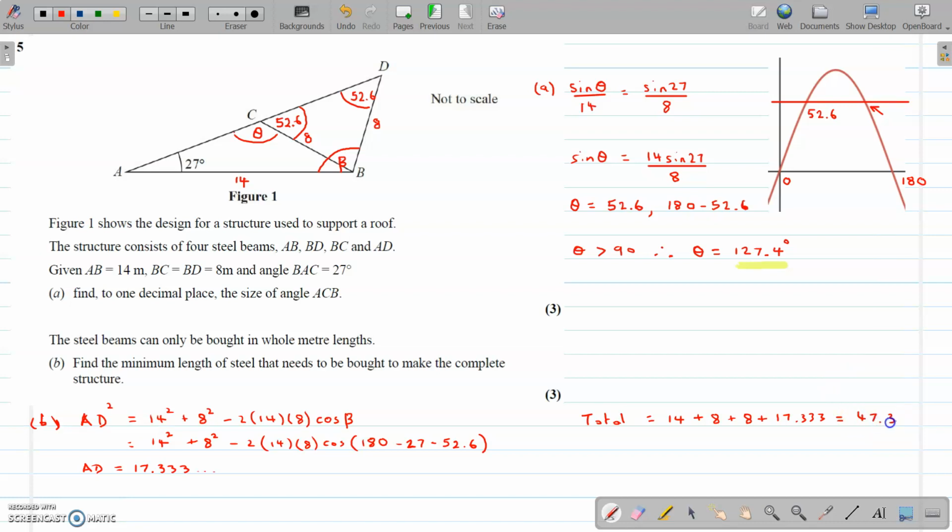Now you would be tempted in the first instance to round that to 47, but of course steel has to be bought in 1 meter lengths, so therefore 48 meter beams needed. Okay, and that would be the answer to the question.